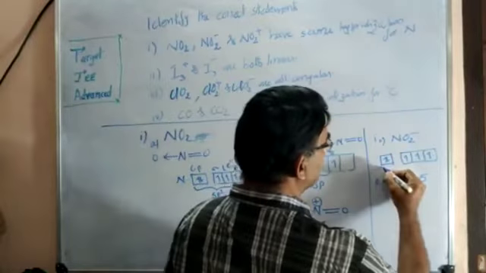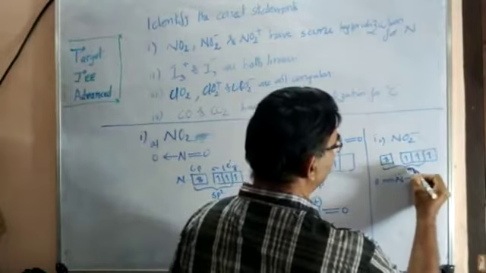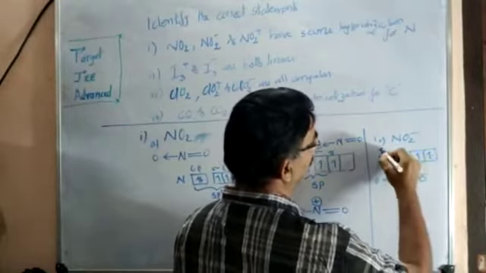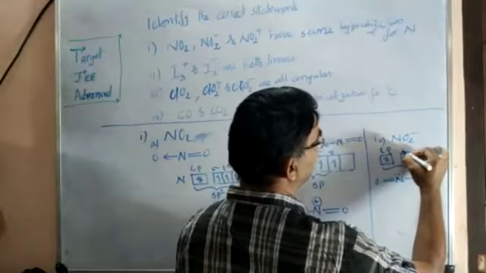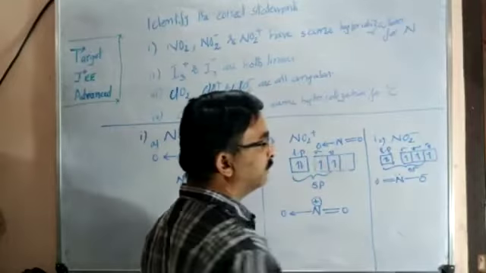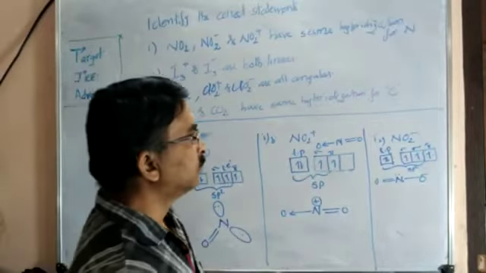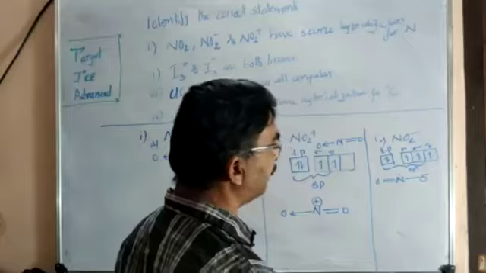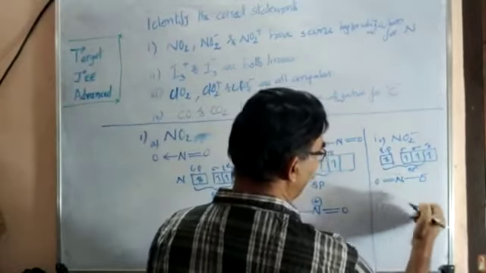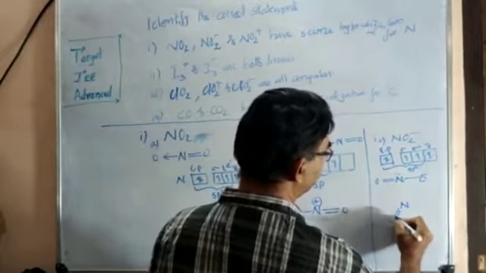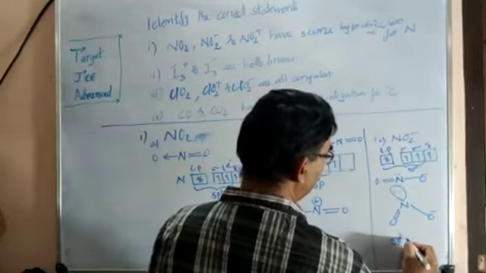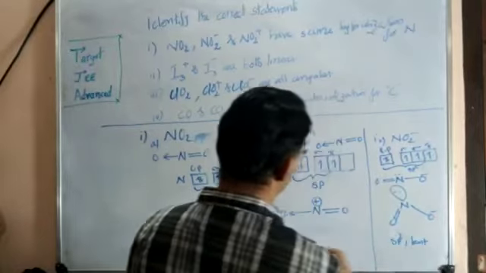So it must be involving sp2 hybridization because one lone pair will remain as a lone pair; two sigma bonds are there, one pi bond is there. So it must be bent. It is not like this, it is a rough diagram. sp2 bent. This is linear.